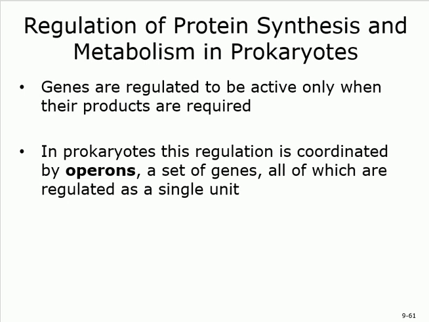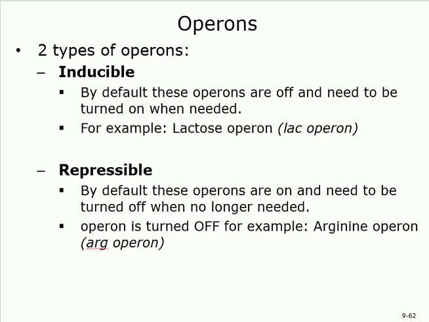In prokaryotes, bacteria for example, the way the process is regulated is through something called an operon. Operon comes from operating something. It's a group of genes that is regulated only in the bacteria or prokaryotes.